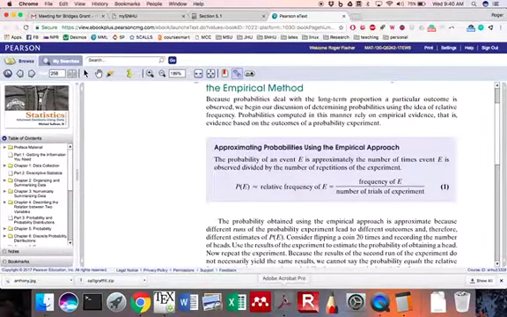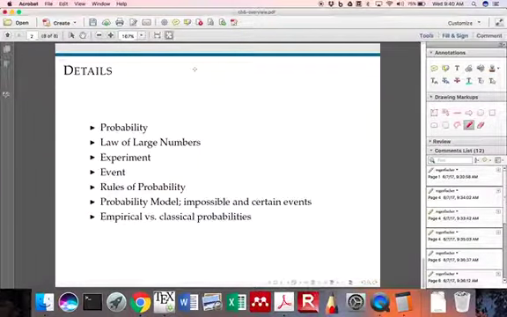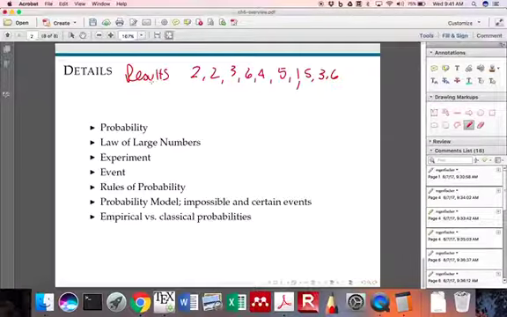So let's say you roll a die 10 times, and let's say you get 2, 2, 3, 6, 4, 5, 1, 5, 3, 6. Let's say that those are your results of rolling a die 10 times.